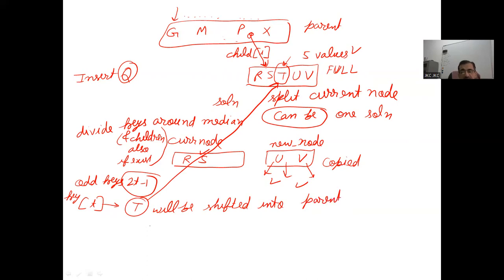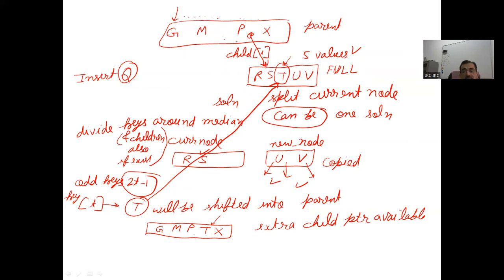What does that mean? Earlier it had GMPX, so I will actually get GMP, and T is supposed to be here. So T will reach here. By adding this, an extra child pointer will also be available. And that is the advantage of this.